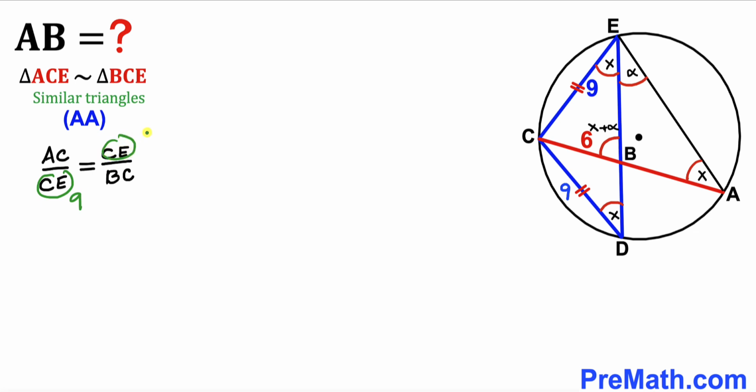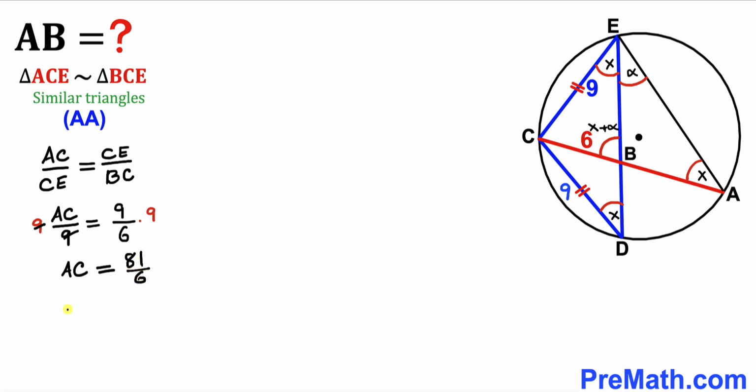Likewise, CE is 9, and our BC length is 6, as you can see in this next step. And now let me go ahead and multiply both sides by 9 to isolate AC. So 9 and 9 is gone. So our AC length turns out to be 81 divided by 6.